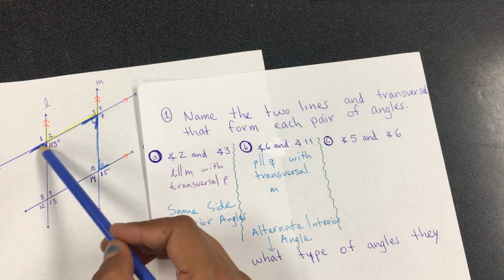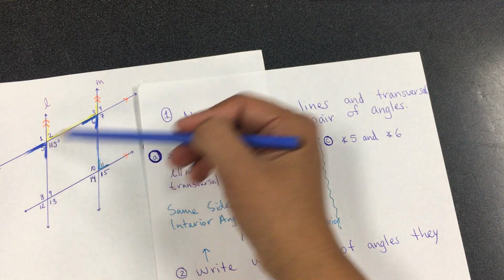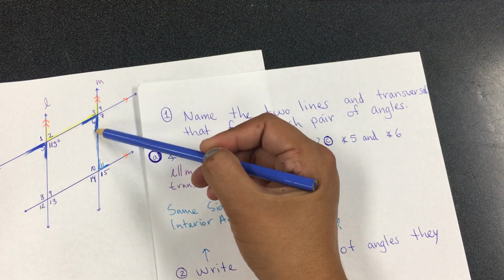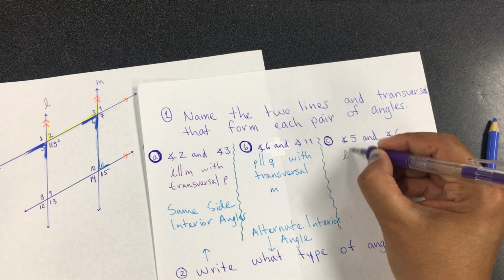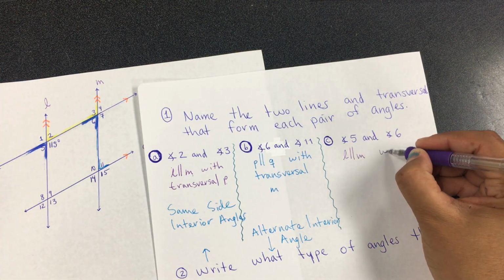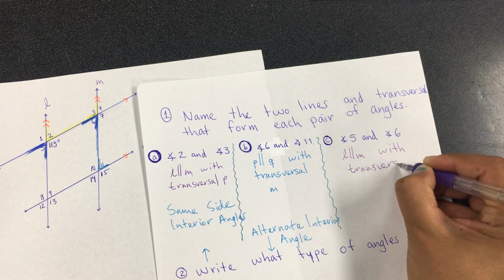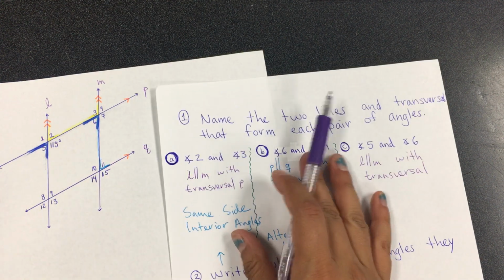So that wouldn't be the two parallel lines because it's the same line. But this is one line, this is another that they will never touch. Okay, so it's L and M. So L is parallel to M with transversal. And the transversal is line P.